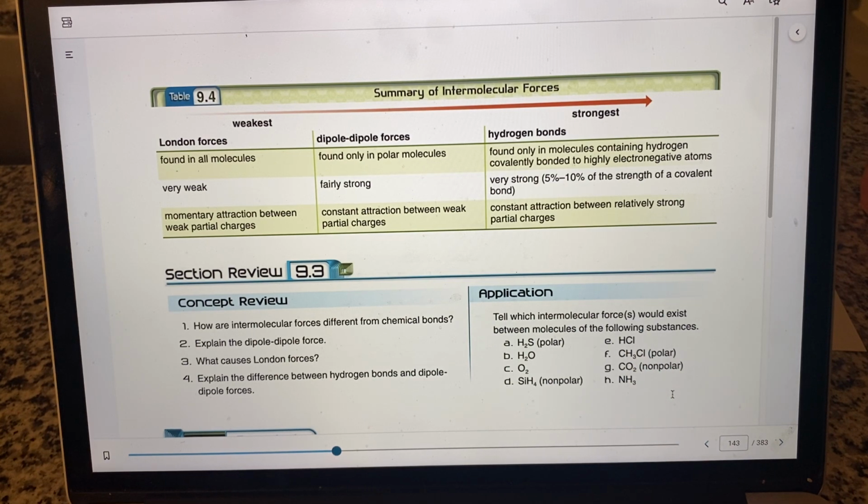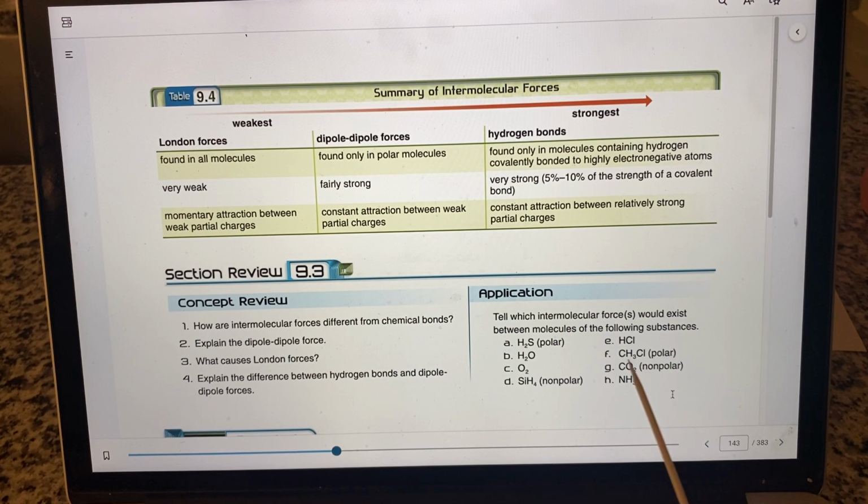HCl has hydrogen, so we know it's hydrogen, and we also know it's going to be London. So hydrogen and London. Onto this one. This one's polar, so if it's polar, it's going to be dipole-dipole, and it's also going to be London because they're all London.